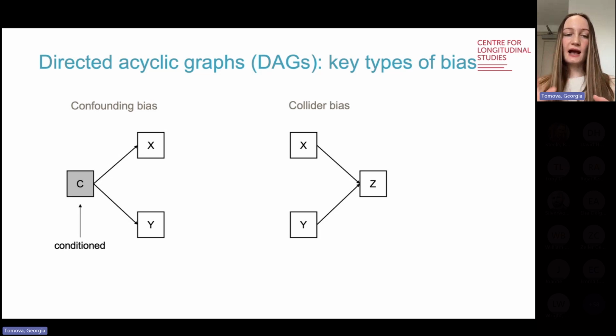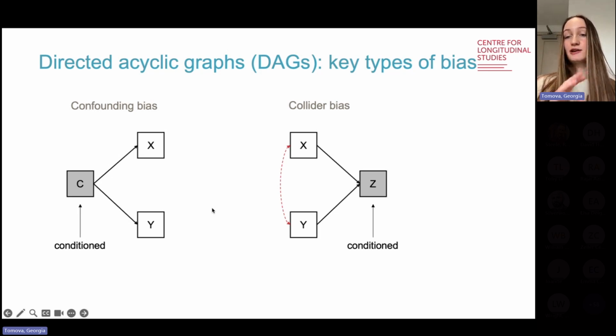If you were to just observe this scenario, there would be no spurious association taking place. However, if we were to naively condition on Z, we would introduce a dependency between the two variables that cause Z. This would be a spurious association, and we introduce collider bias. So it works in the opposite way: when we condition, rather than removing bias, we introduce bias.